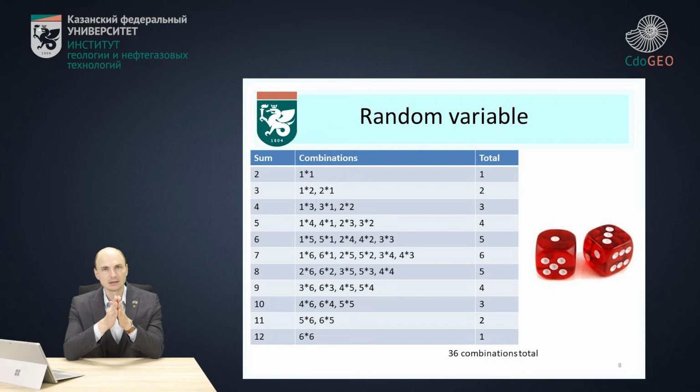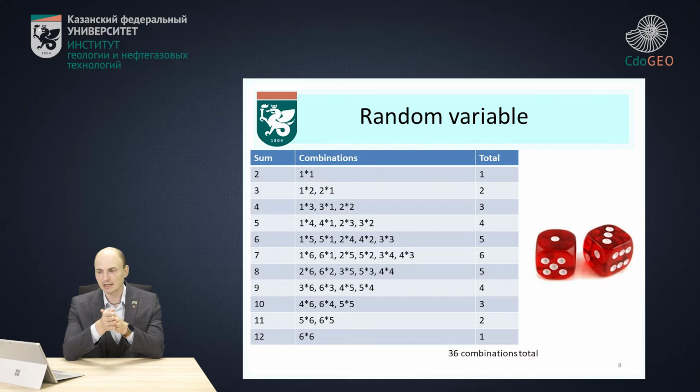But if we roll the dice to get 7, we get much more probability because we get a lot of combinations: 1 and 6, 6 and 1, 2 and 5, 5 and 2, 3 and 4, 4 and 3. So there are a lot of possibilities to get this value.